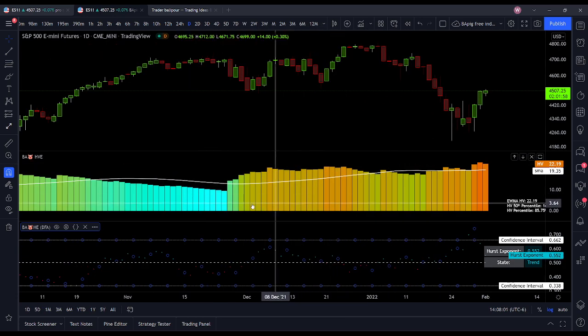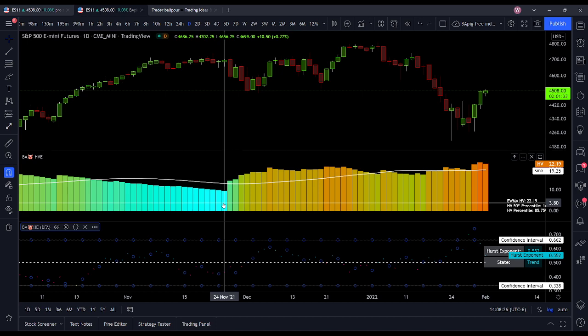So when you see it in blue, that's when volatility is contracting. It's in a low state of volatility, so you're not going to see huge swings in the asset that you're analyzing. And when you see the indicator turn red or orange, that's when the volatility is high, and you can look into a lot of different things about volatility.